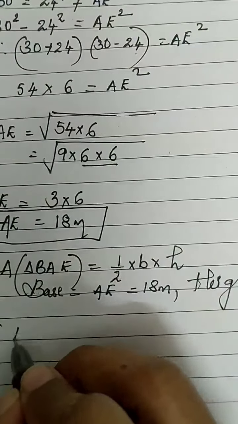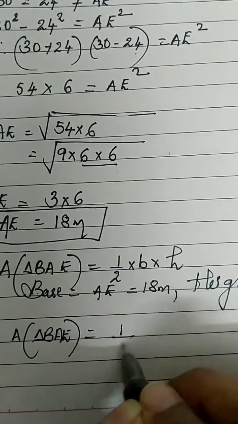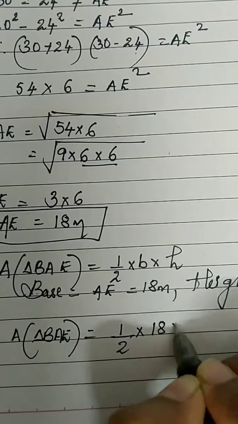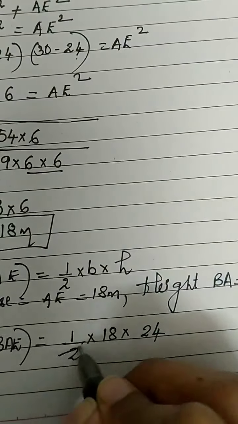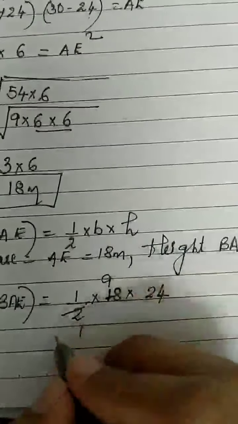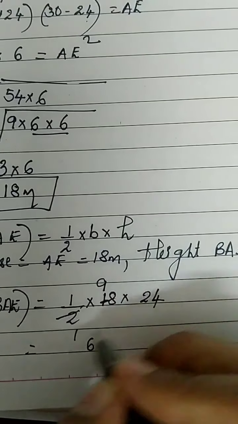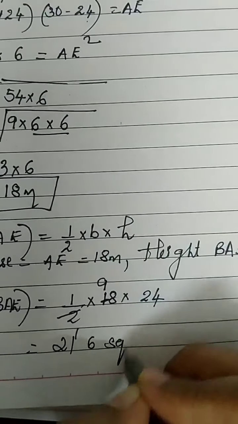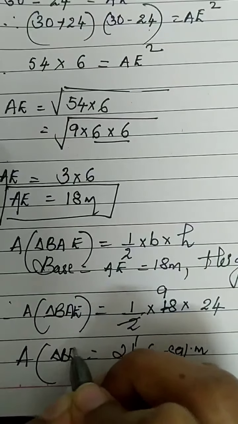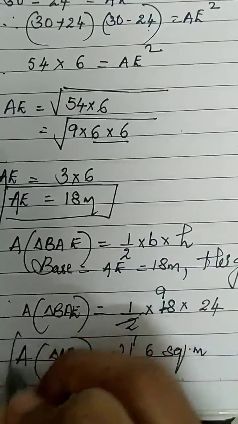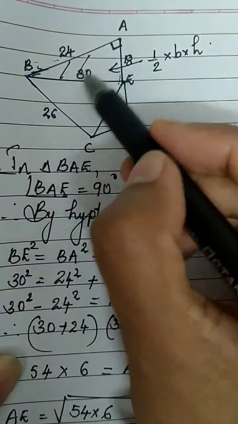So use the formula: area of triangle BAE is equal to half into 18 into, what was the height? 24. 2 1s are 2, 9 2s are 18, and 9 4s are 36, carry 3, 9 2s are 18 and 21, so 216 square meter. Area of triangle BAE we got this way. Highlight that. Okay, so this triangle is ready.